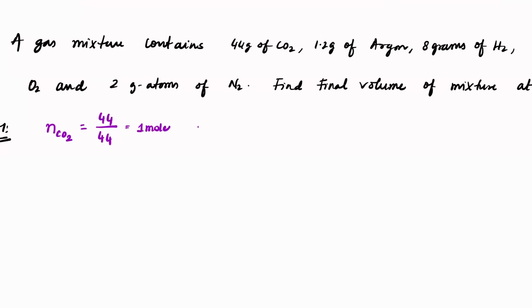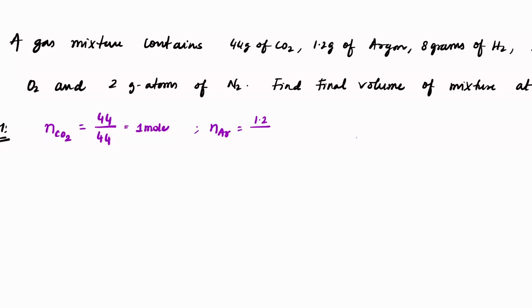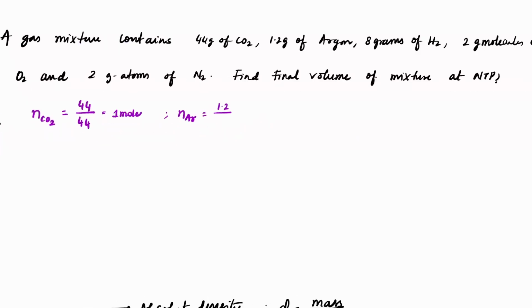Likewise, number of moles of argon is 1.2 grams divided by argon's molar mass, which is 40. Next, number of moles of hydrogen is 8 divided by 2. Why 2?